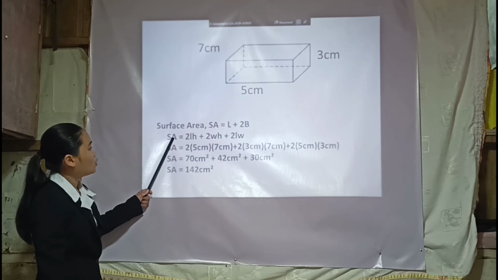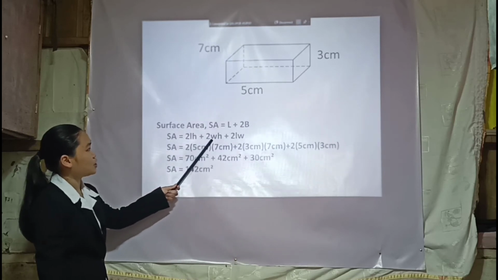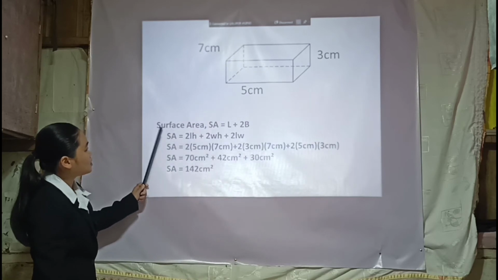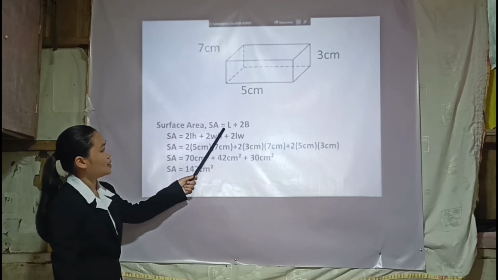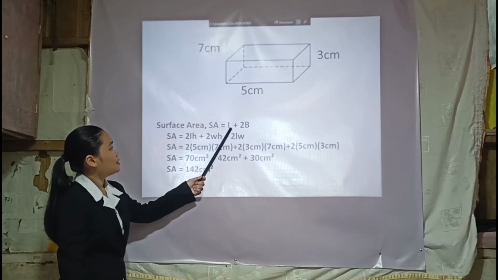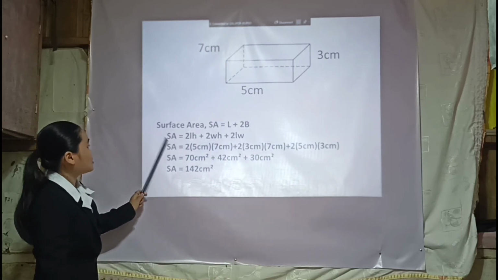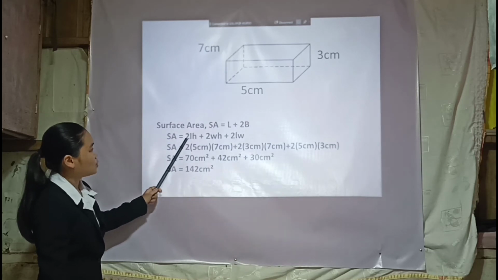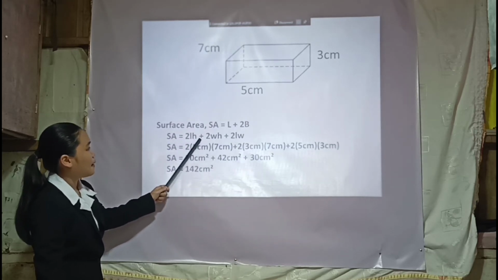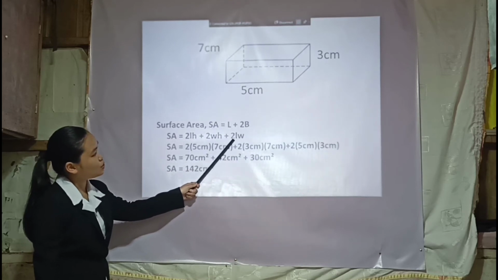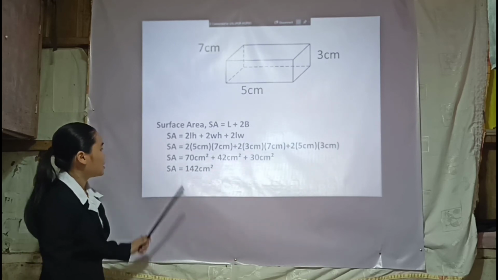Using the formula, we will substitute each measurement into the formula. Surface area, or SA, equals lateral surface area plus 2 bases. Surface area equals 2 times length times height plus 2 times width times height plus 2 times length times width.